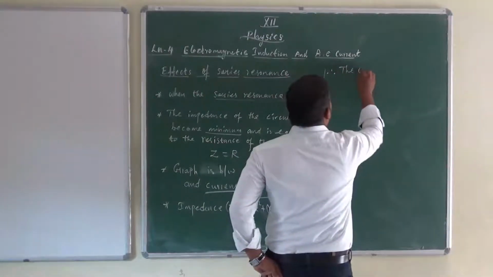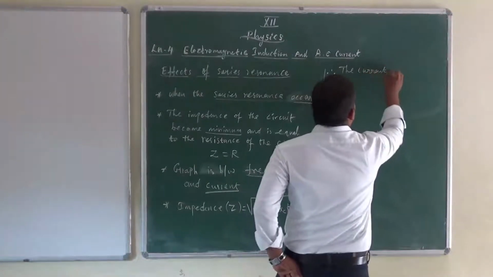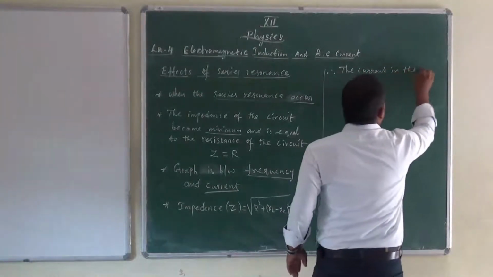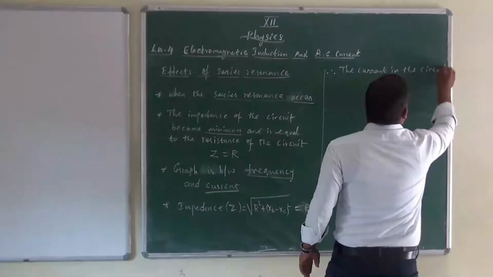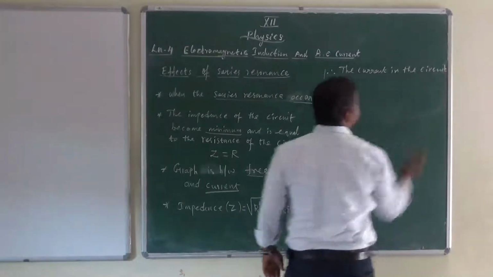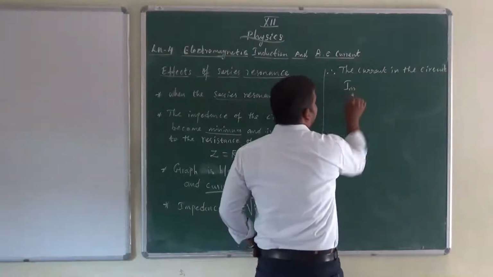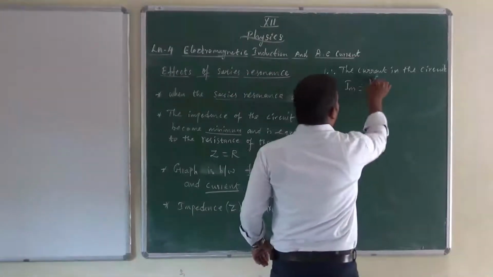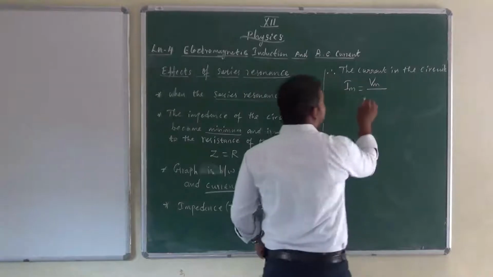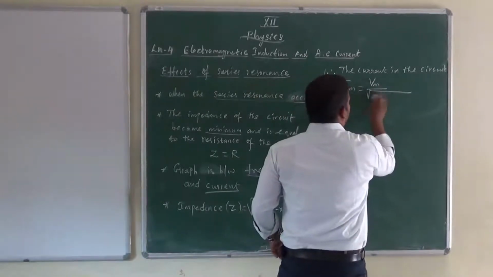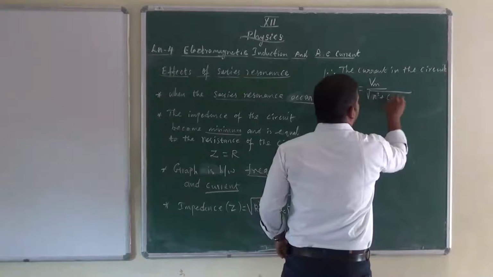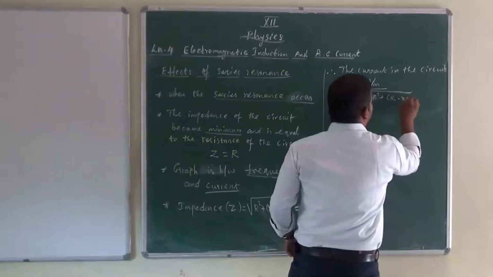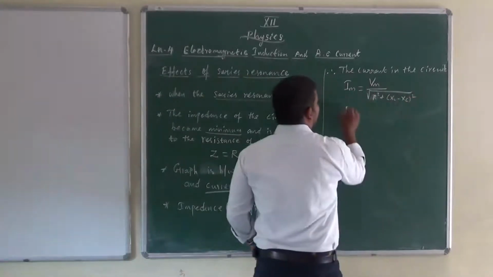the current in the circuit is represented by Im, equal to Vm by impedance, that is root of R square plus (XL minus XC) the whole square.